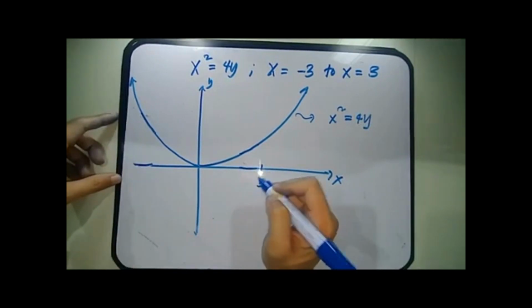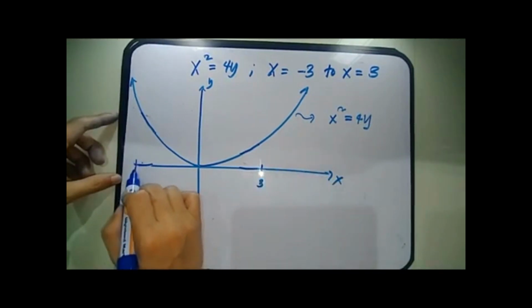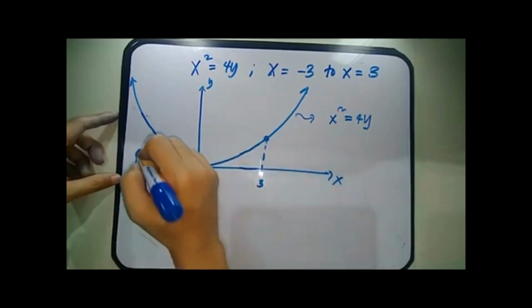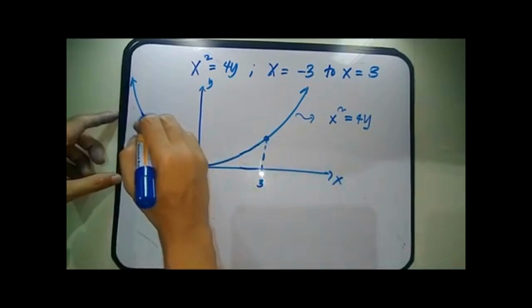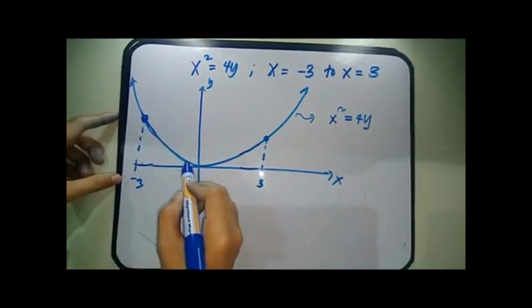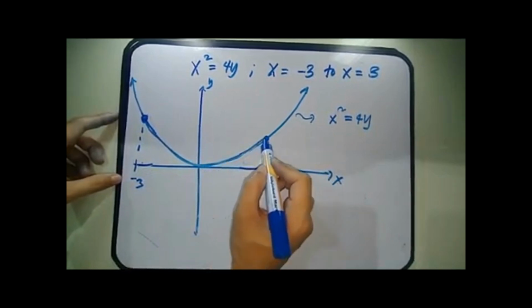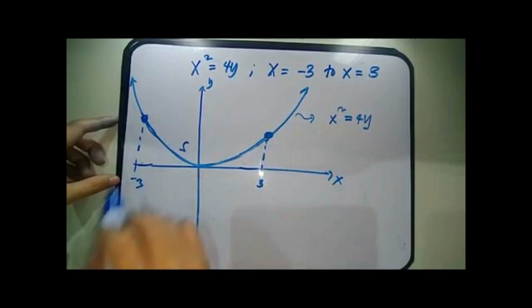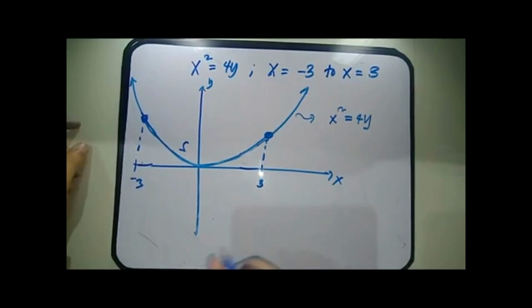So y is positive, therefore this is upward. With a vertex at 0, 0, you don't have an h and k. So from x is equal to 3 and x is -3. Then this is the length of the curve which is being required by the problem.